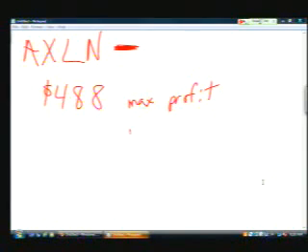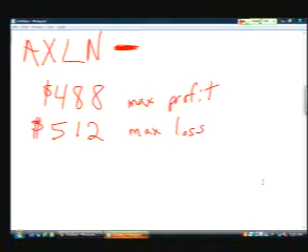And the max loss on this trade was $512, okay? Now, it's not going to be in the scope of this course to explain it, it's a stock options trade, where I can actually set up my max profit and my max loss going into this trade.